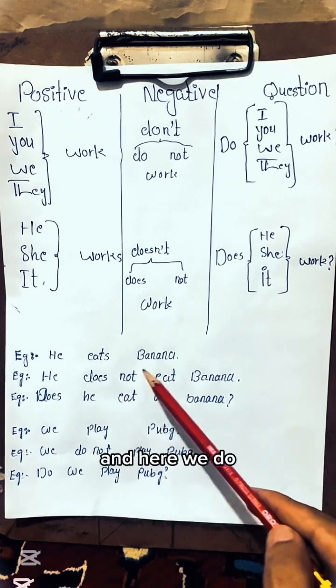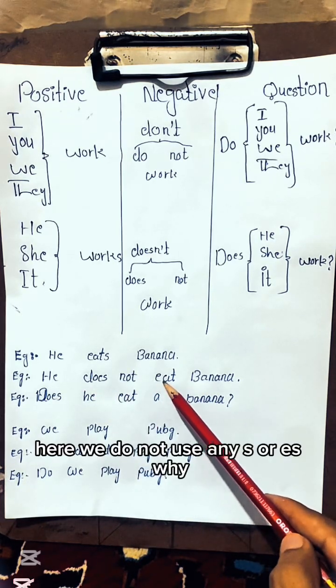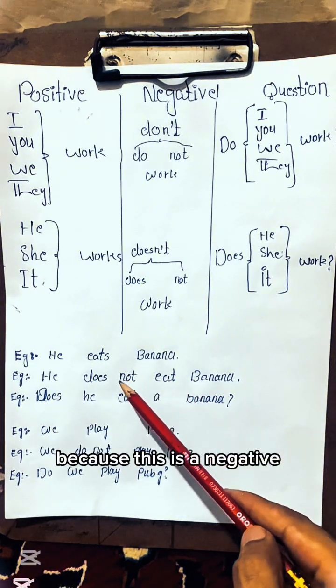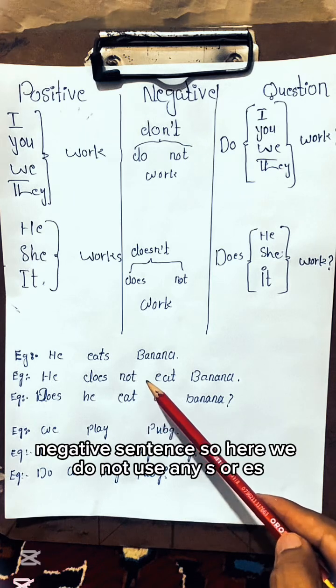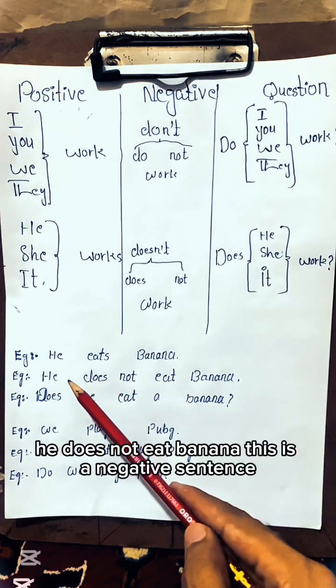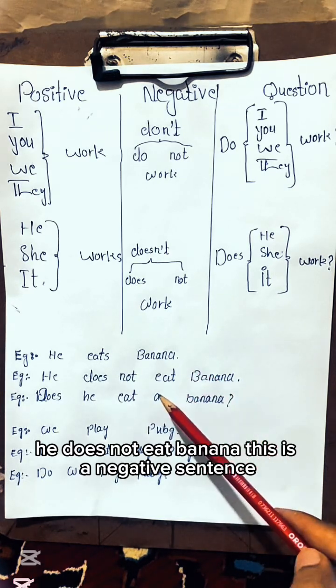And here we do not use any s or es. Why? Because this is a negative sentence. So here we do not use any s or es. He does not eat banana. This is a negative sentence.